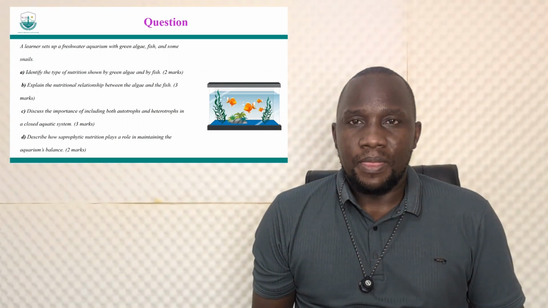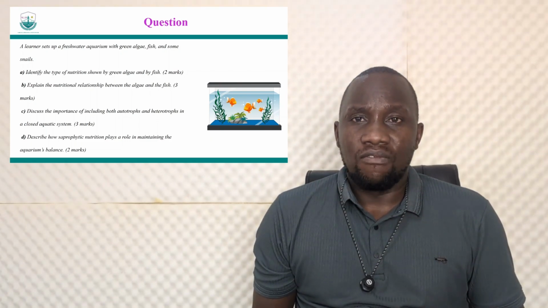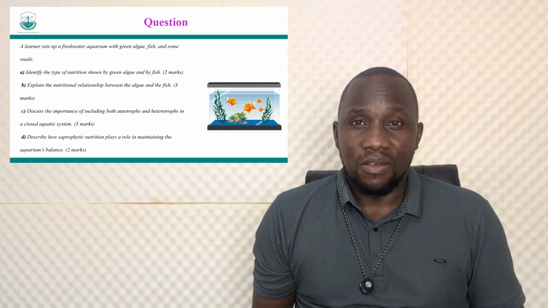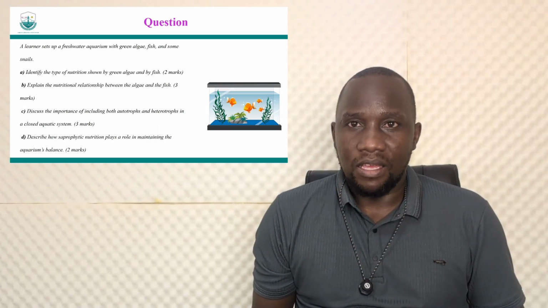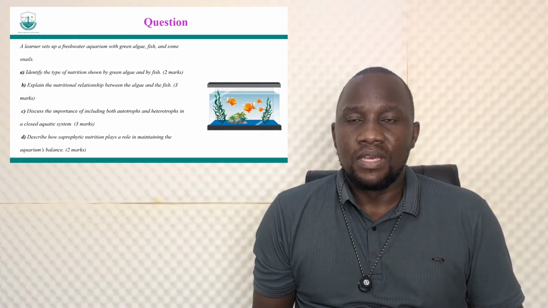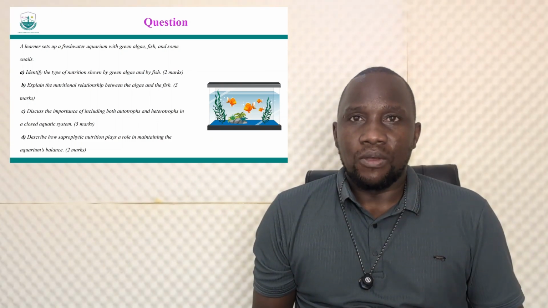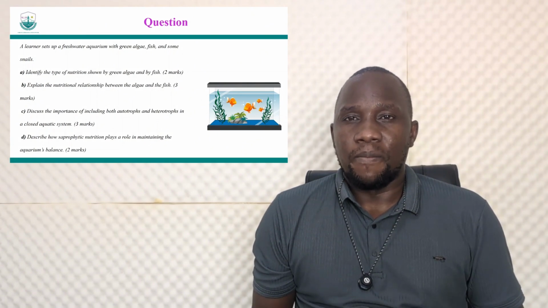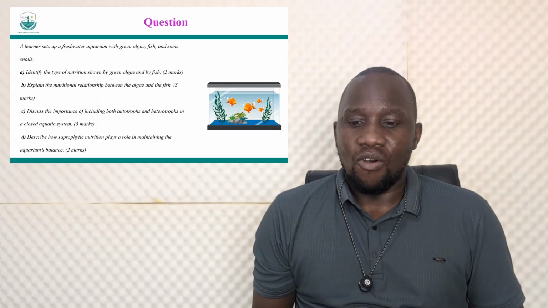So the non-living components of the environment in this aquarium: we have the water, and the water is non-living, we can all agree. And then, of course, you should have nutrients, because if you don't have nutrients in that aquarium, you could not expect life to be there. So that means we have inorganic food nutrients there, which again is a non-living component.